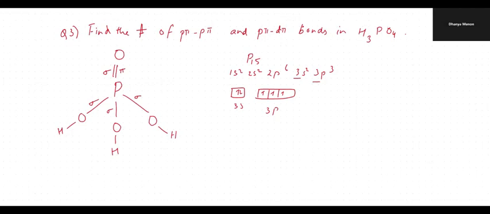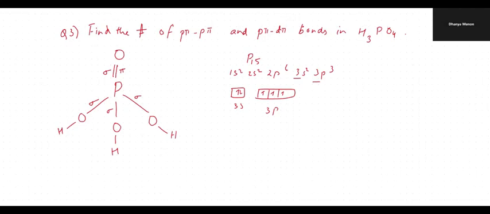So phosphorus has how many bonds? 1, 2, 3, 4, 5 bonds. So it has 5 bonds, but we have 3 unpaired electrons. Only 3 unpaired electrons are there. So it can form only 3 bonds, but we need to get how many?